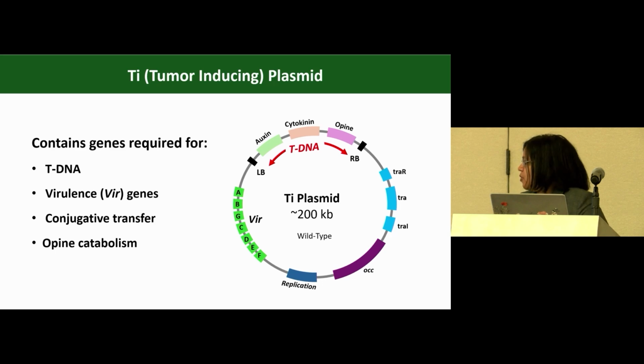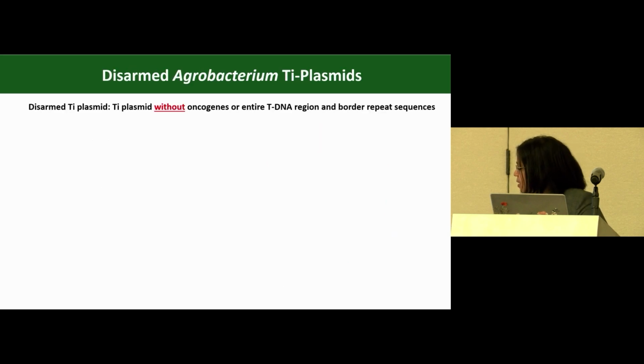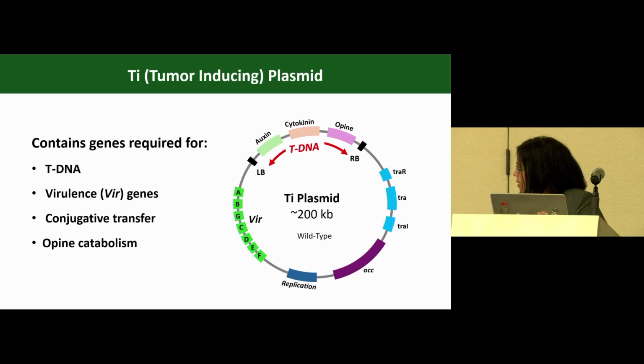And there are opine catabolism genes here, and then there are conjugal transfer genes. These conjugal transfer genes help in mobilizing the plasmid to other Agrobacterium strains. That's how people were able to make modifications to the Agrobacterium, the disarmed Agrobacterium strain.